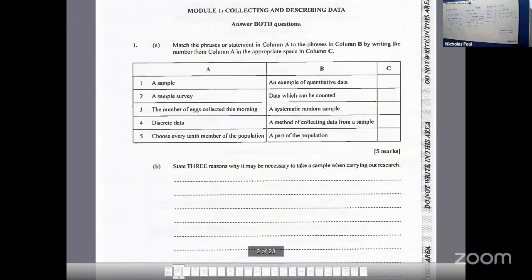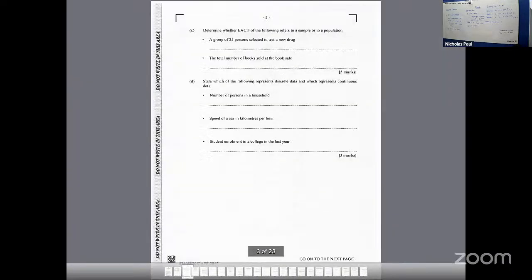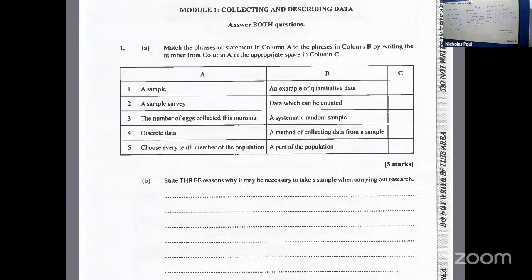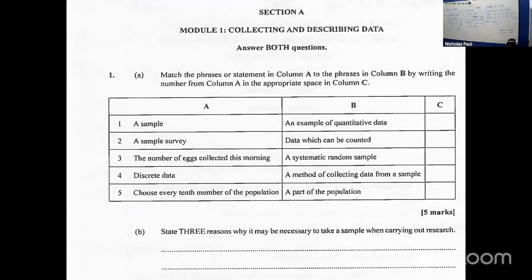Right, let's start here. 2017. To match the phrases or statements, just write 2017 number A and just put the letter here, by writing the number from column A in the appropriate place.